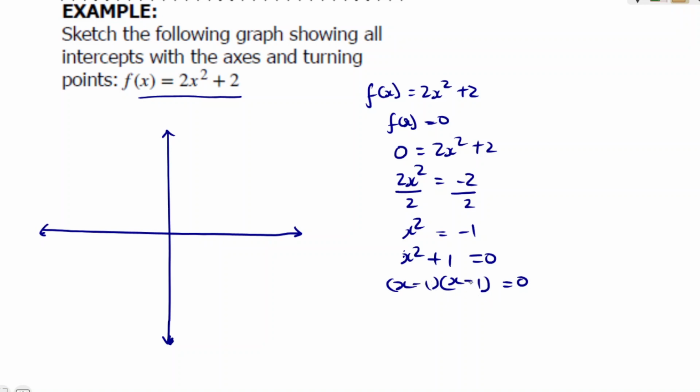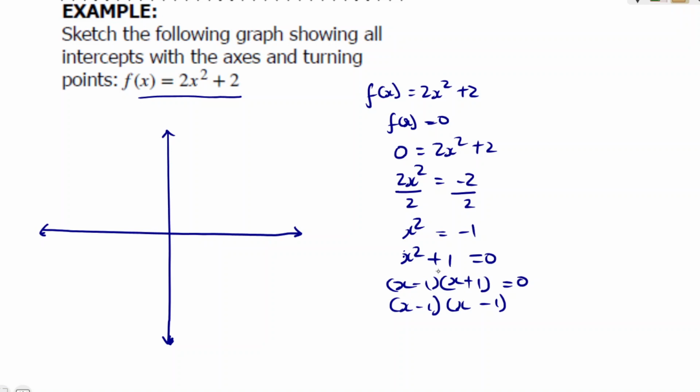So it cannot factorize because a negative 1 times a positive 1 will be a negative 1. Or if you said x is negative 1 and x is negative 1, negative 1 times negative 1 will give you a positive 1, but the sum will give you a negative 2.